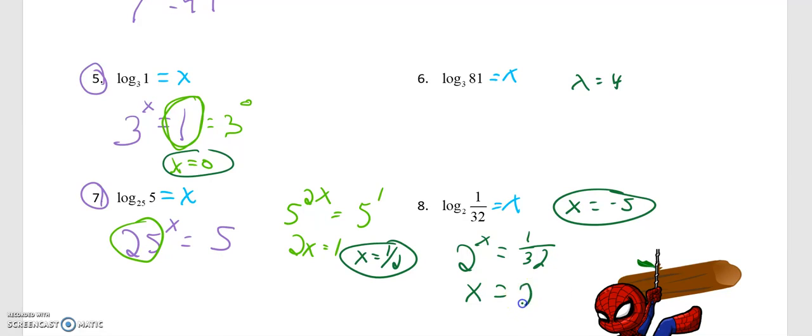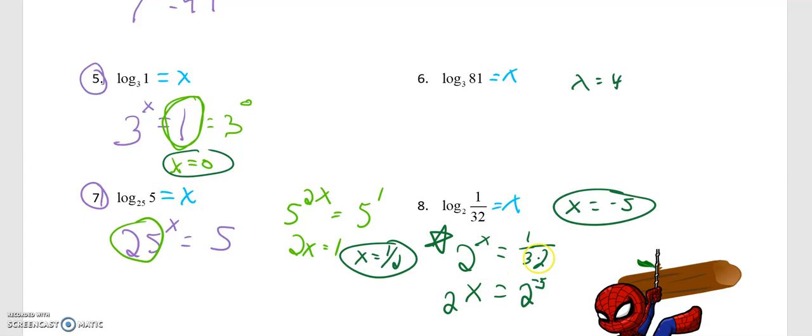So if I think of this as 2 to the 5th power, because 2 to the 5th gives me 32, because it's on the bottom, my exponent's going to have to be negative, in which case now you have 2 to the x power equals 2 to the -5th, and that's where you're going to get that x equals -5.